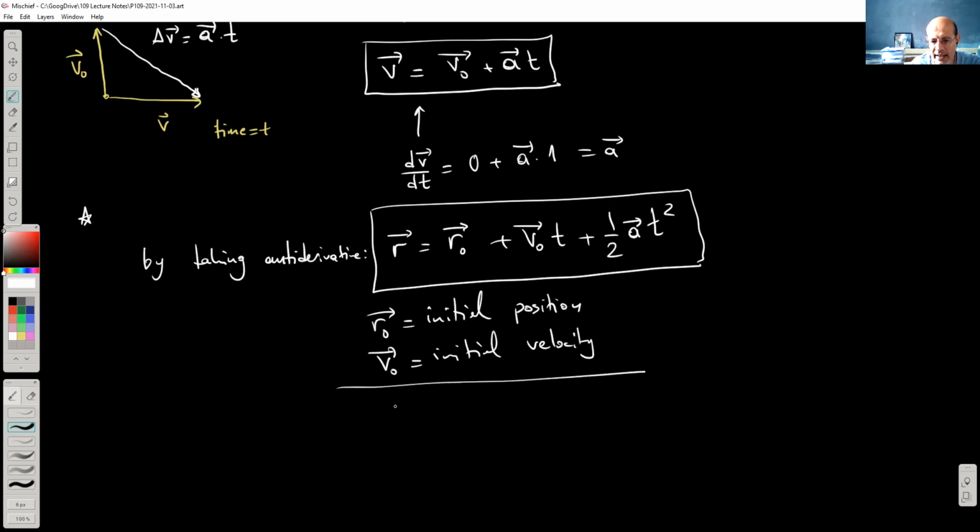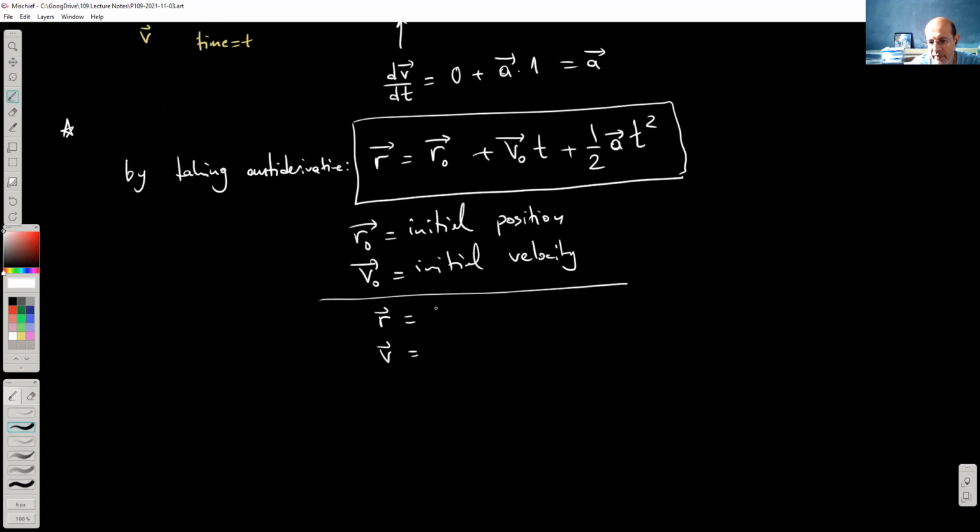And obviously, R and V are the final quantities. Let me quickly write it down like that, all right? Final velocity in here. A is the acceleration, it's the initial, final, doesn't matter. So it's the acceleration, but you can think of it as one of the final quantities as well. And then we have the time.